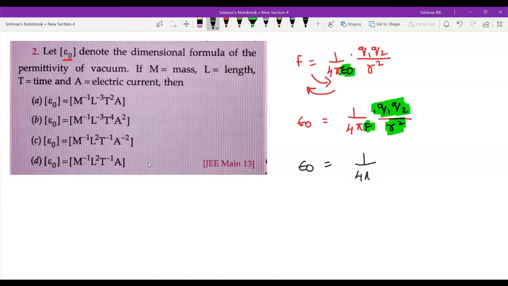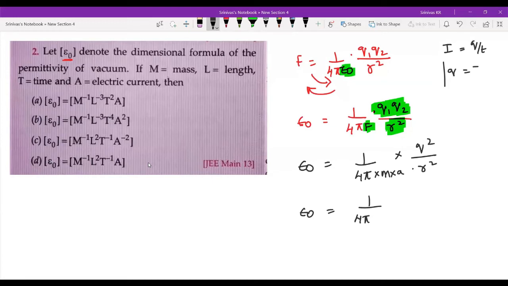So 1 by 4 pi, and force is what? Mass into acceleration. So q squared, 1 by r squared. Now what is q? Current is equal to q by t, so q becomes I t.